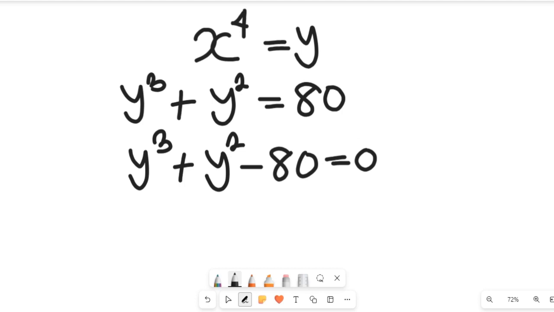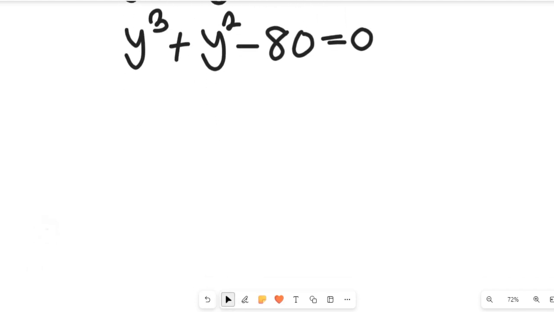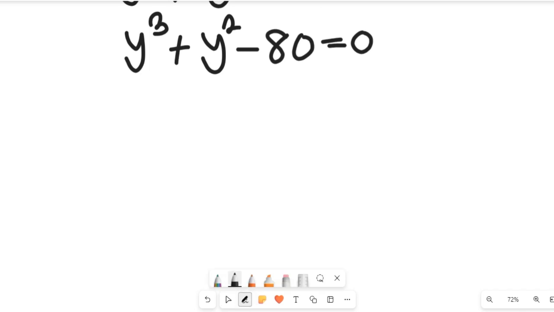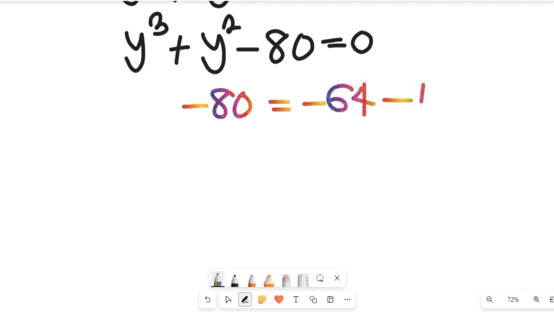Now from this point, I'm going to show you two unique methods you can use to solve this polynomial equation. Now let's use the first method. From the first method, I want you to note that negative 80 can be equal to negative 64 minus 16.